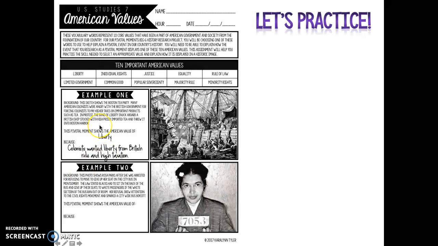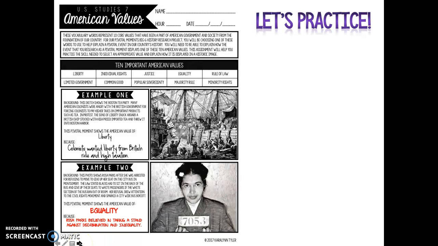Okay, so this example has been done for you. Here's the next example. We've kind of looked at this together because this is the example image from the Pivotal Moment Project good sample. Okay, so I said equality, and I just took exactly what the student sample had said. Rosa Parks believed in taking a stand against discrimination and inequality.